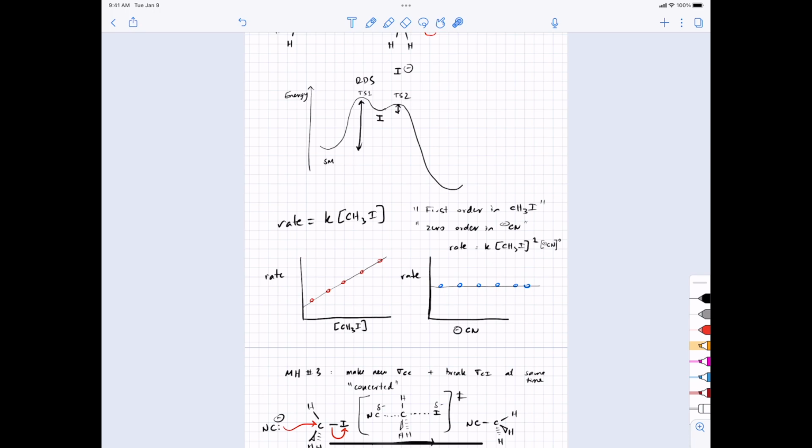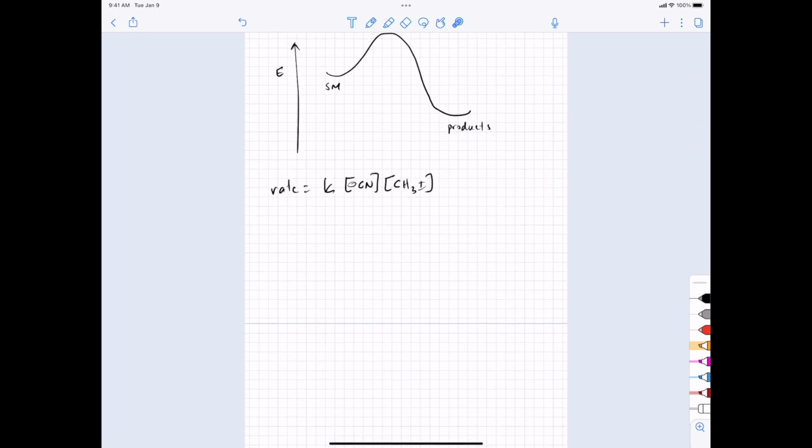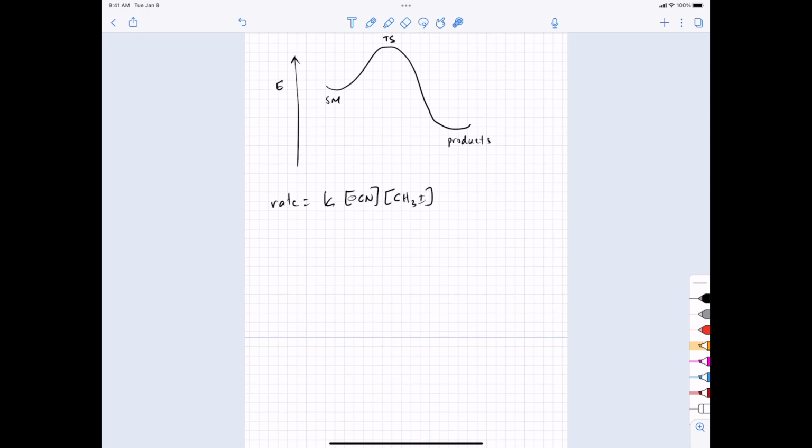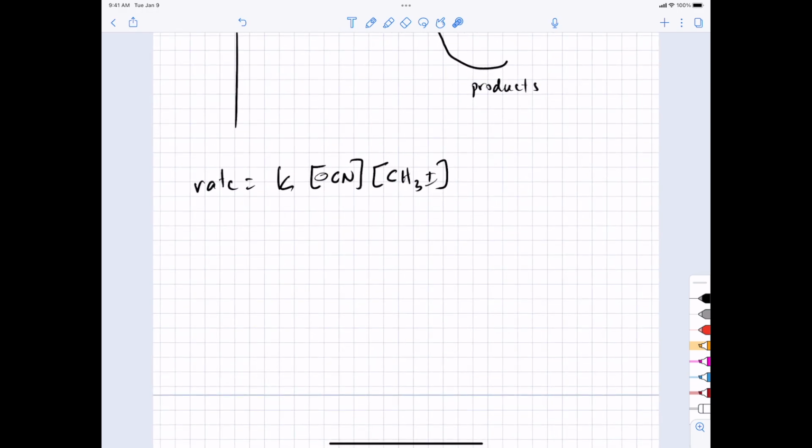Okay. So if the second mechanism were right, we would expect to see a reaction that was both first order in nucleophile, or CN minus, and first order in methyl iodide.